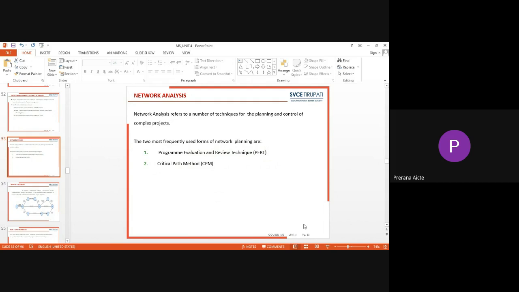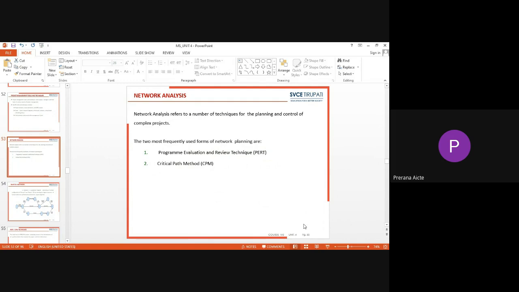So a project is simply a collection of activities, and these activities are in the form of certain relationships. These relationships should be understood properly in order to construct the network as per the given data in the project.